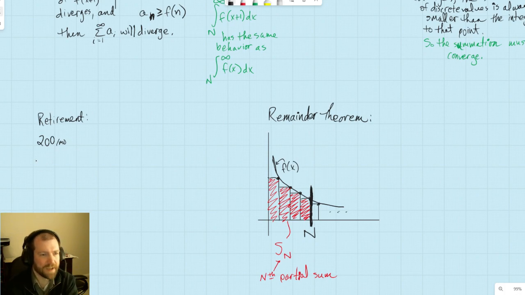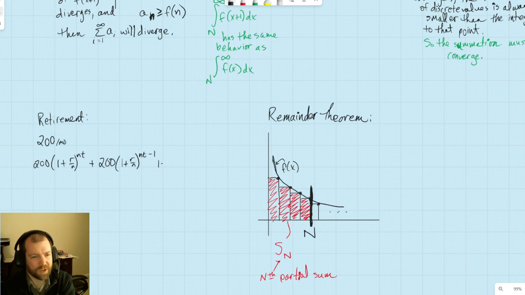My first $200 is going to get interest paid on it to the tune of (1 + r/n)^(nt). Then my next month's payment is going to be 200 times (1 + r/n)^(nt-1), and this goes on and on until you pay $200 and get one interest payment of (1 + r/n).